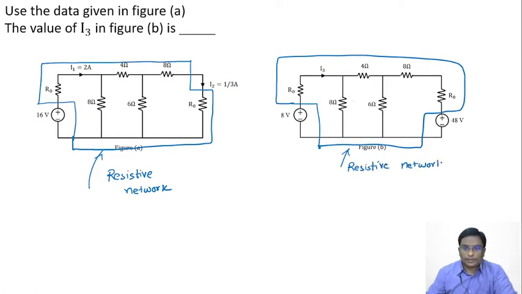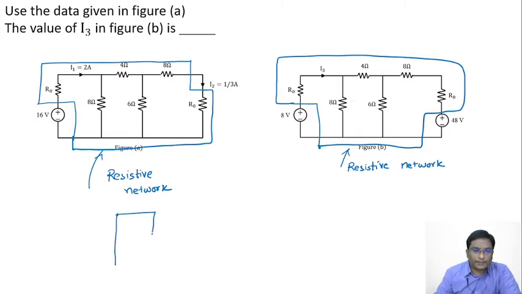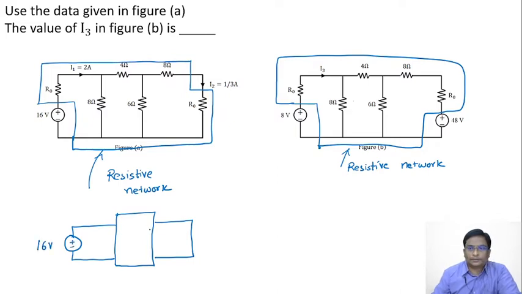Instead of repeating that network again and again, what is the data given? You notice here, they connected something like this, some 16 volts, and here the current flowing through this one.